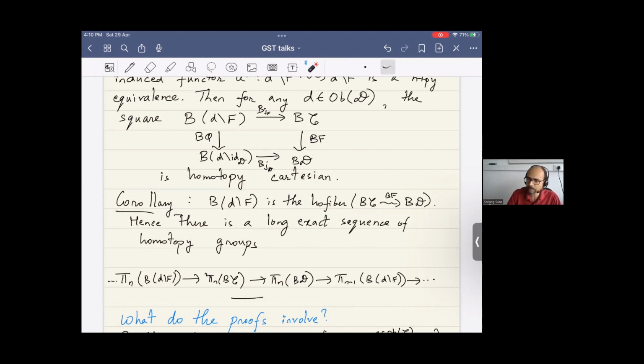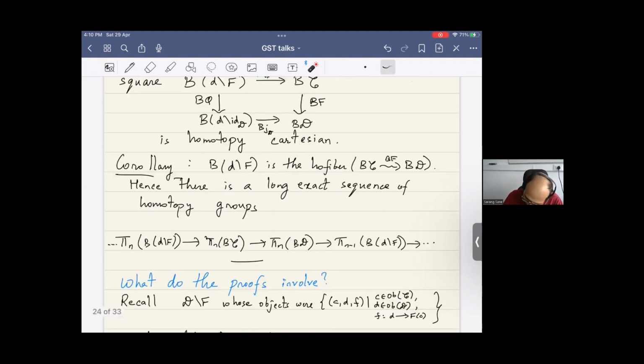You can choose any D, so it's in your interest to choose a D which you know how to handle. In actual situations, you will choose D's that make this category easy to deal with.